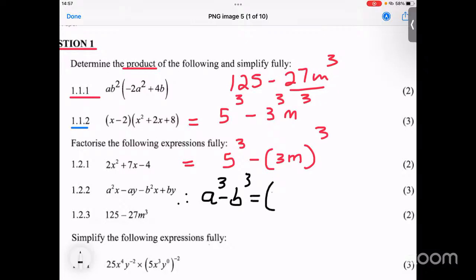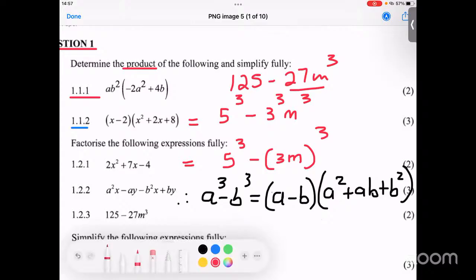This is the same as a minus b, and in the brackets, you are having a squared plus ab plus b squared. Yes.